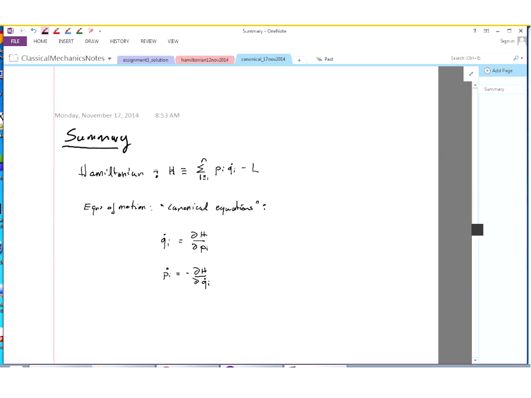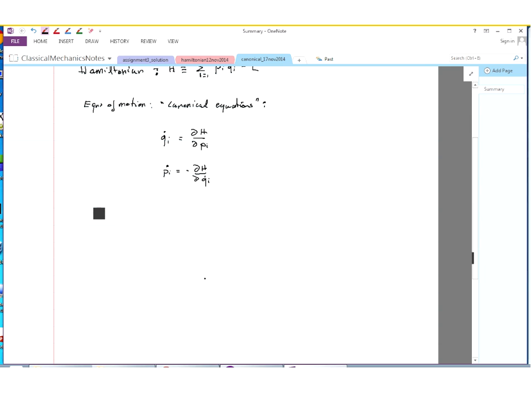And we also introduced the Poisson bracket of two functions.